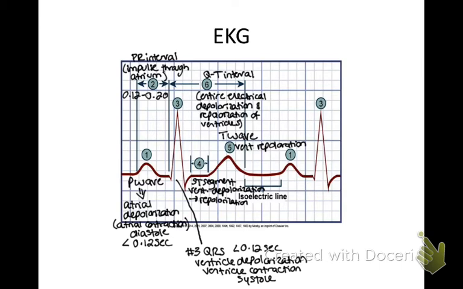So you need your EKG to look like this. If I know that there's something wrong with my P wave, where's the problem? In the atrium. And if there's something wrong with my QRS or T, where's the problem? In the ventricles. And I know where it's happening because I know what's happening along that line.